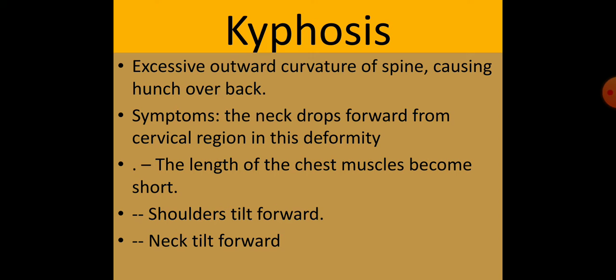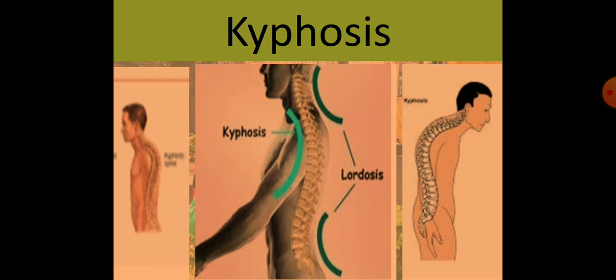We can see in the pictures that the upper body weight leans forward, because the upper body gradually bends forward in this deformity. So in the pictures we can see how this postural deformity occurs.